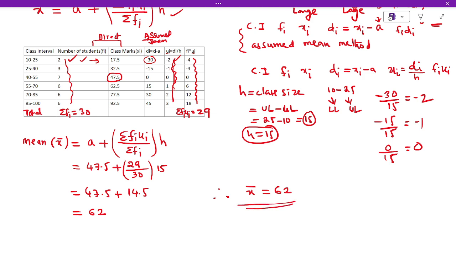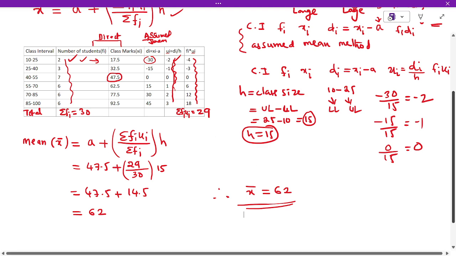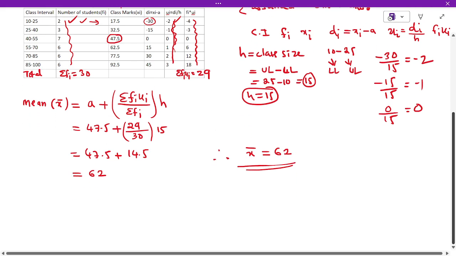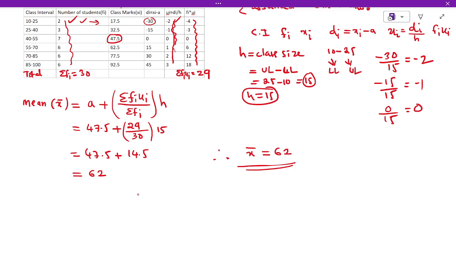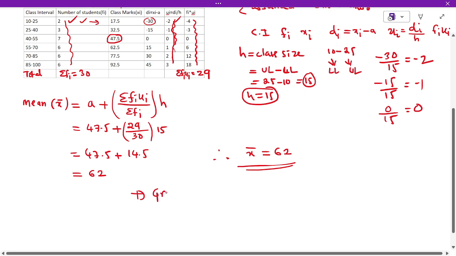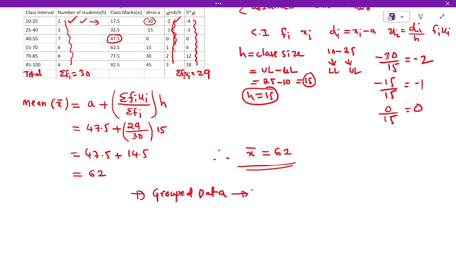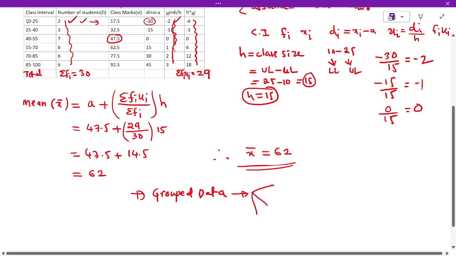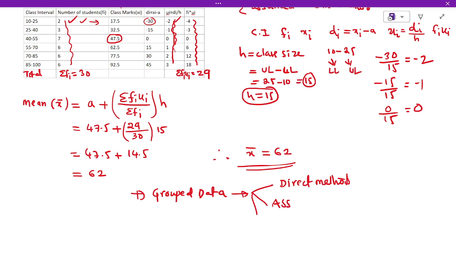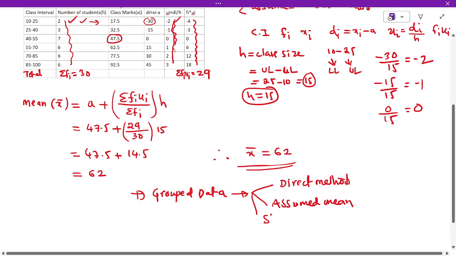Now if you see clearly, to find the single measure of central tendency, here specifically we are talking about grouped data, right? As I said, whenever you want to find the mean, there are three methods: the direct method, the assumed mean method, and the third one, step deviation.